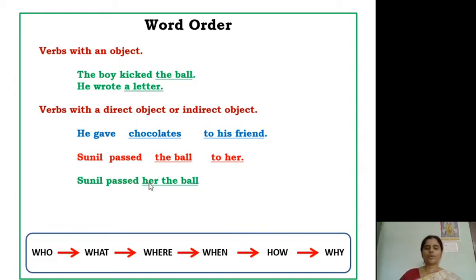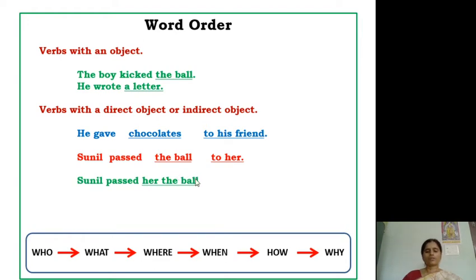Then it should not be preceded by the preposition to. So both the structures are correct. Sunil passed the ball to her. When you place the direct object immediately after the verb, then the indirect object has to be preceded by to. If you place the indirect object immediately after the verb, then there is no need to place the preposition to before the indirect object. So these two ways are correct.